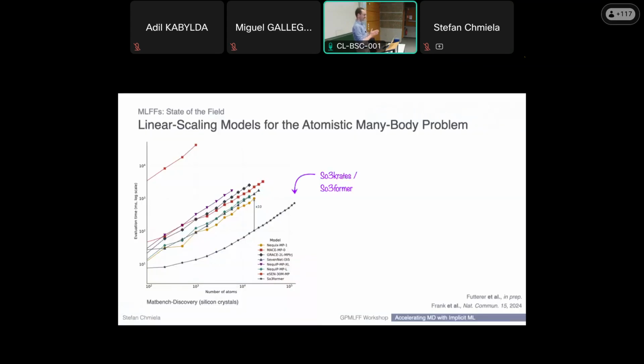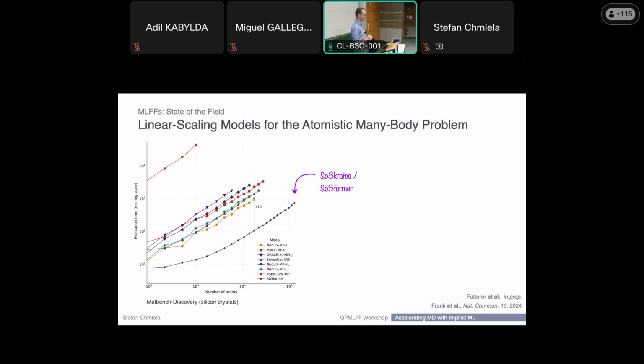I want to go back to appreciate how good force fields are. Nowadays, the modern force fields are all linear scaling, so they only differ by the prefactor. They all scale linearly, and the newest ones are usually the fastest ones, with a little lower prefactor.